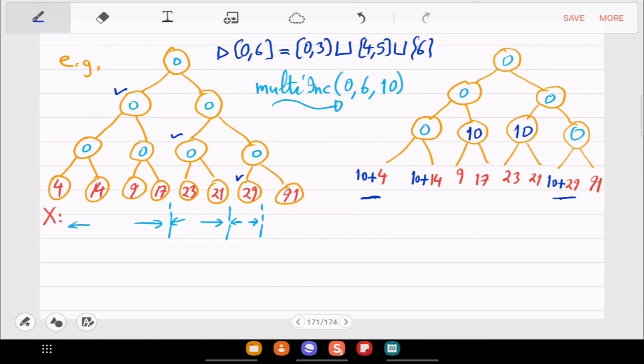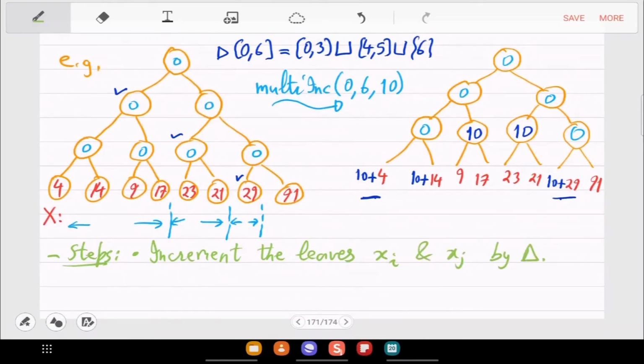The way the pseudocode is written will help in other more complicated examples. So maybe I can write the pseudocode ideas first before giving the code. These are the steps we are following in the pseudocode. First, increment the leaves xi and xj by delta. That's the first step.